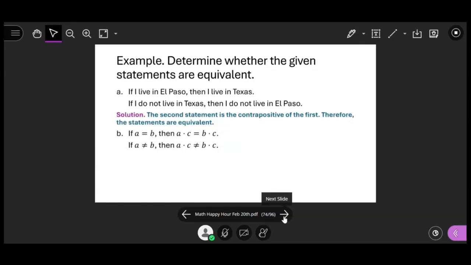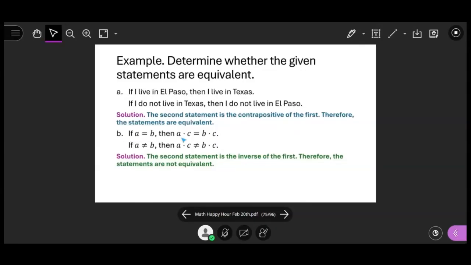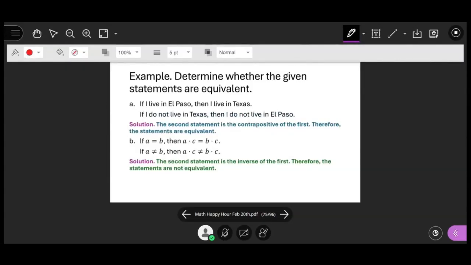Okay, so now let's see letter B. If A is equal to B, then A times C is equal to B times C. If A does not equal B, then A times C does not equal B times C. So first, even though this has letters, we can still identify our P. So let's say this is our P, and this is our Q. So this statement is P conditional Q. So we have if A does not equal B, so that's negation P, then A times C does not equal B times C, that's negation Q. So that's going to be the inverse of the first.